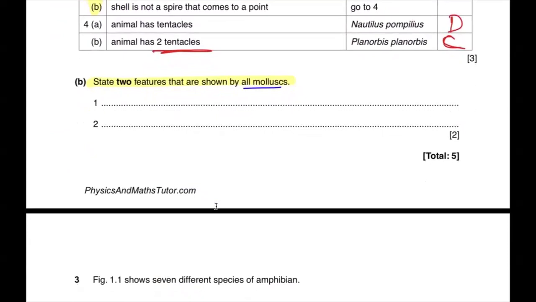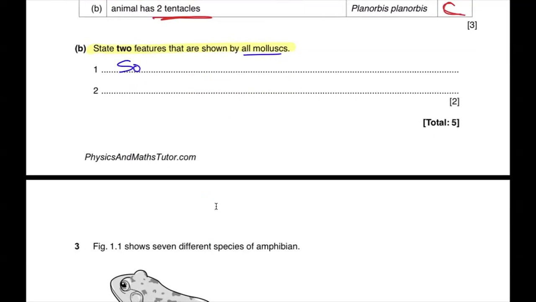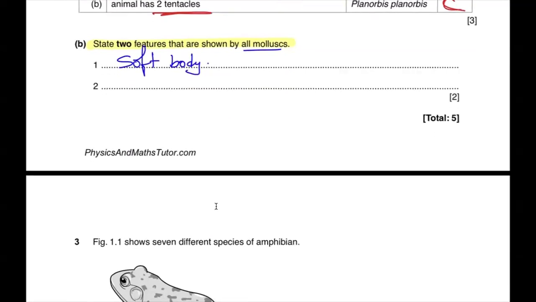They have a slimy body, that's correct. Okay, so smooth, slimy body and tentacles. So one is soft body. The other one is they all have a muscular foot or slimy body.